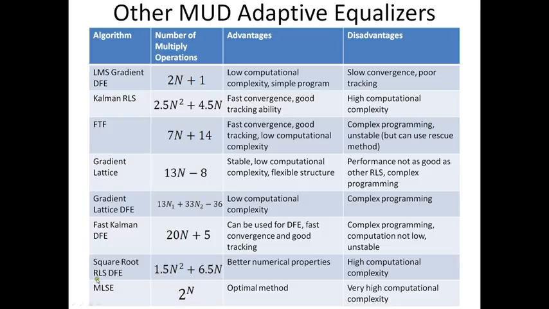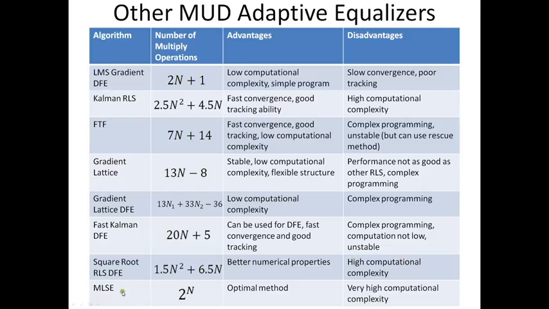Then we've got the square root RLS, or excuse me, I cannot say letters today, RLSDFE, and it has one of the higher operation counts because it's got a square term here. The advantages are better numerical properties, it has pretty accurate results, but very high computational complexity.